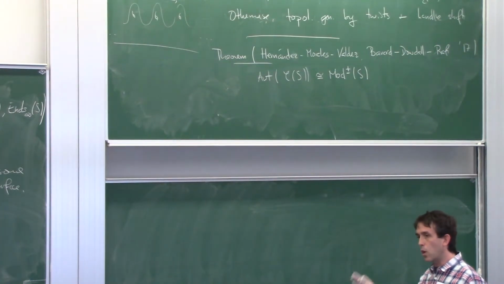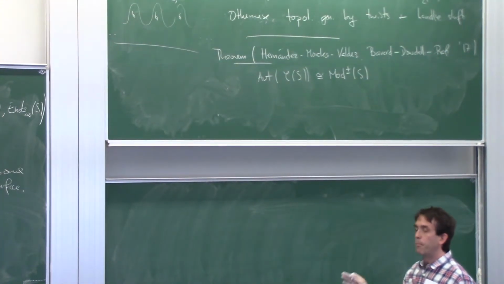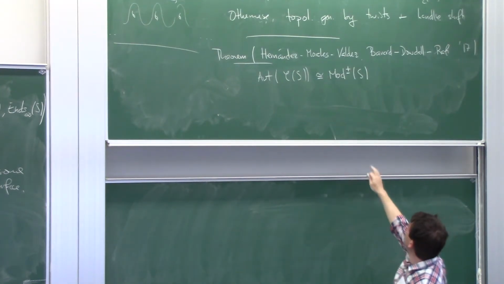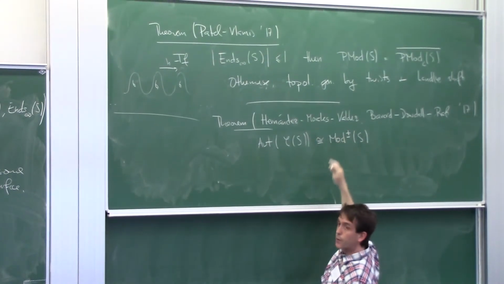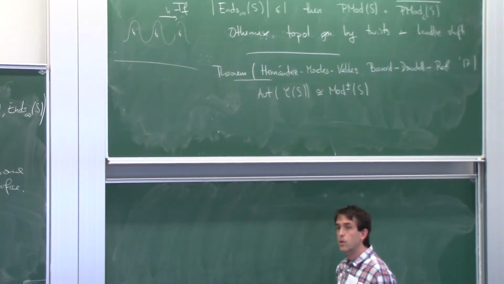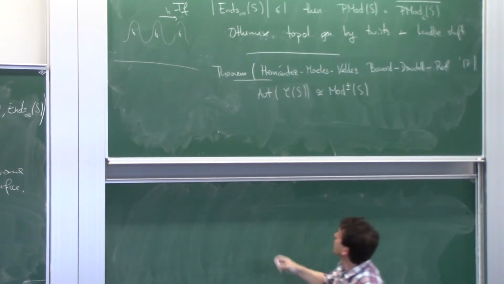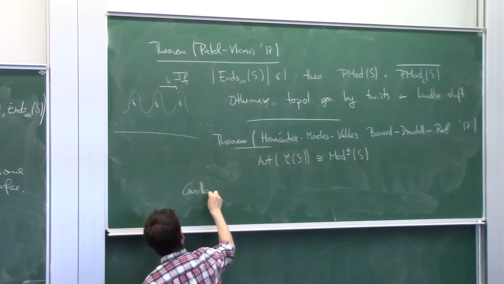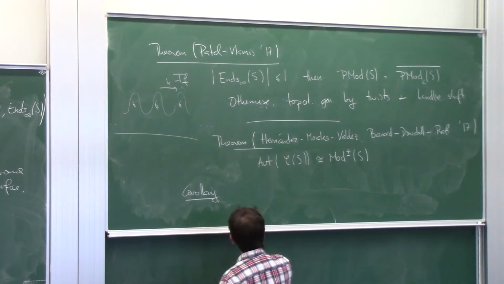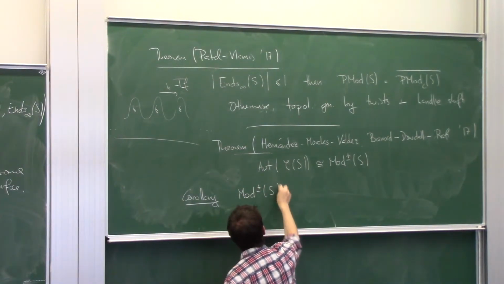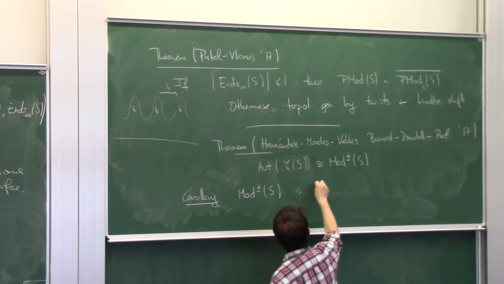In principle that is not the compact open topology, but there's the Alexander method, which these people proved for infinite-type surfaces, and that Alexander method tells you that the two topologies, which in principle were different, are actually the same one. So the corollary I care about is that Mod plus-minus is Polish.